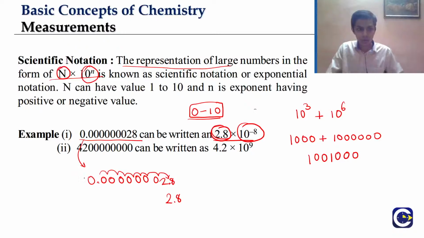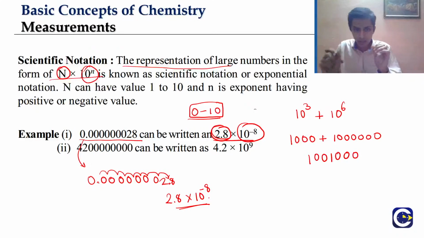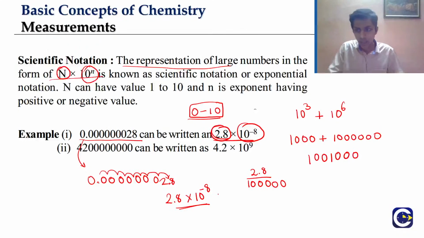So how many times I have moved the decimal? 1, 2, 3, 4, 5, 6, 7, 8. So since I have moved 8 right, it will become into 10 power minus 8. Getting it this way? If you are moving it to the right, you are dividing it with 8 times 0. That's why it will come 10 power minus 8.